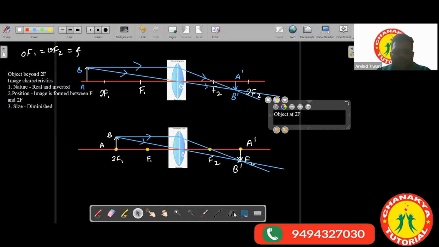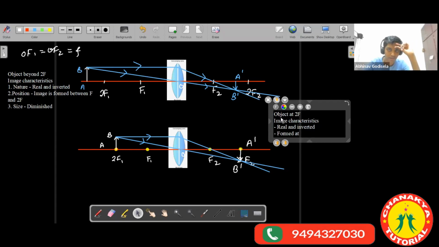So for the object at 2F, we will be writing the image characteristics. In the image characteristics, our first point is nature. So nature is real and inverted. What is the position where it is formed? At 2F. So the image is formed at 2F.